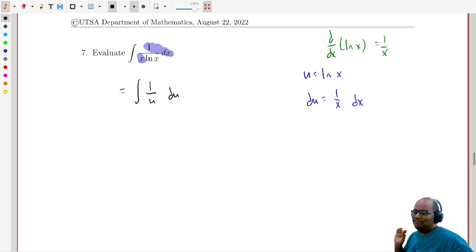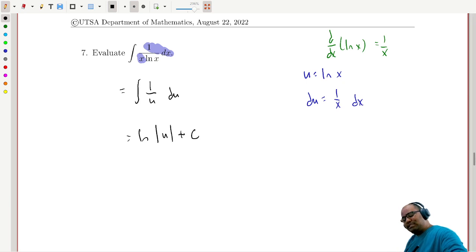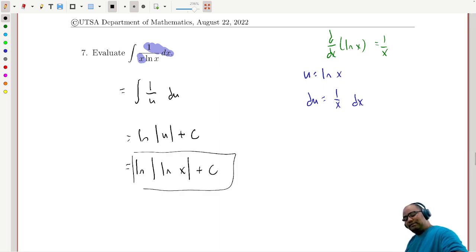Whatever that is, that's all my du. And of course, remember that when we integrate 1 over u, we have to have log of absolute u. So we have the log of the absolute value of u plus a constant. And so this comes out to be the log of the absolute value of log x plus a constant. Okay, required a bit of extra thinking, but there you go.